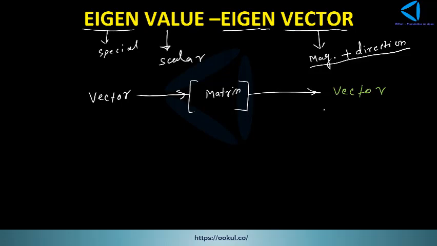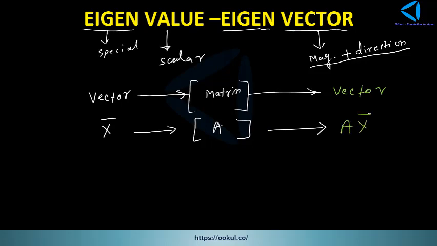Right. Like, so if you have vector x and matrix A, it is going to give you Ax.